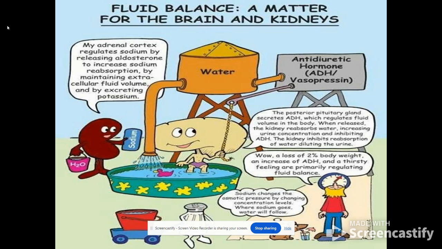So the renal system, again, the kidneys are the primary organs in regulating fluid volume and electrolyte balance, which maintains homeostasis. The endocrine system controls the fluid and electrolyte balance, and again, it's maintained by the renin-angiotensin aldosterone system and the antidiuretic hormone.